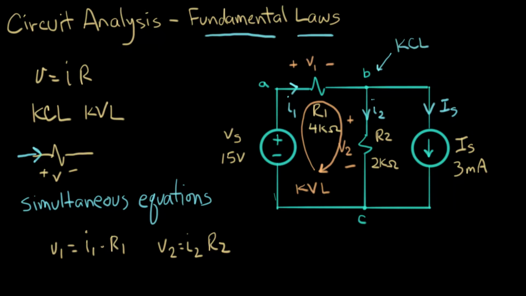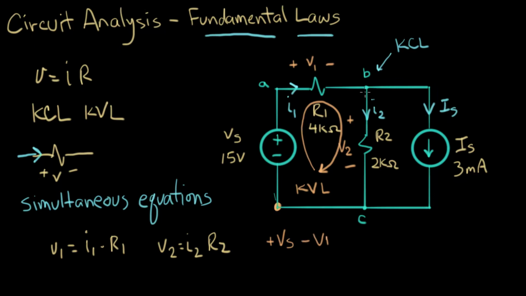So let's do KVL. Let's start in this node at this corner of the circuit and go around clockwise. What we see first is a voltage rise, plus Vs. Next I see a voltage drop, so it's minus V1 going around this way.